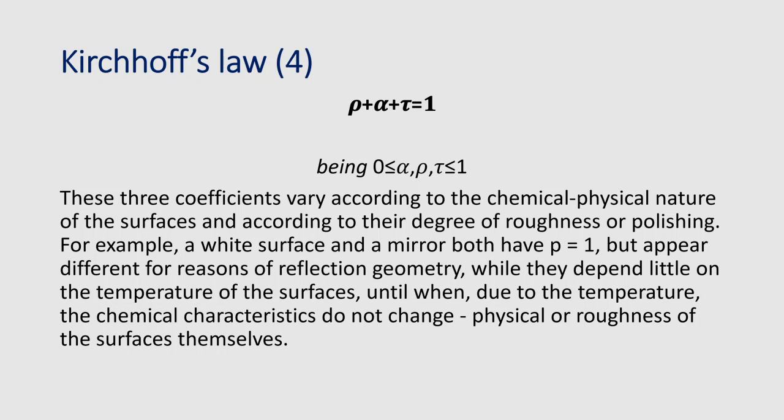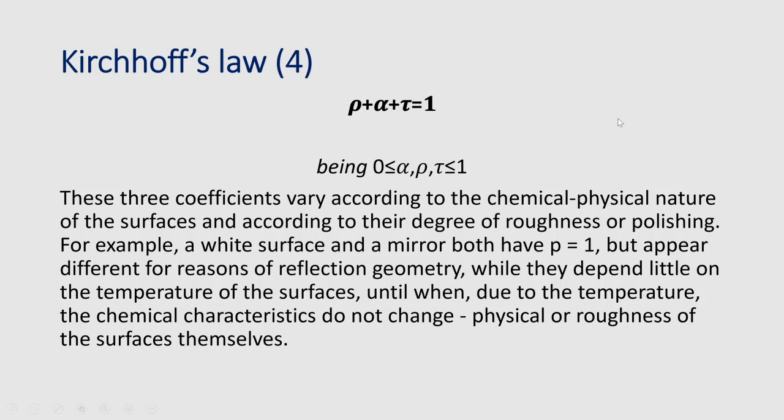Taking into consideration the general principle of energy conservation, if rho is nearly 1, that means that for a mirror in the visible, the absorption alpha and the transmission tau will be equal to 0.